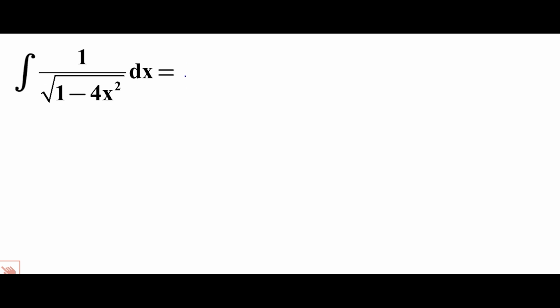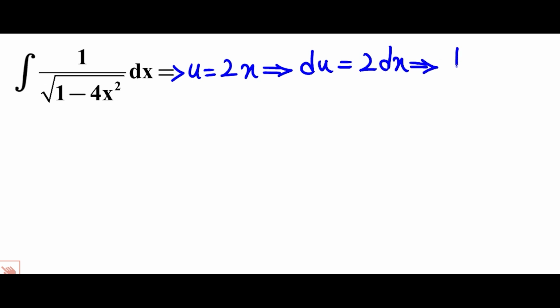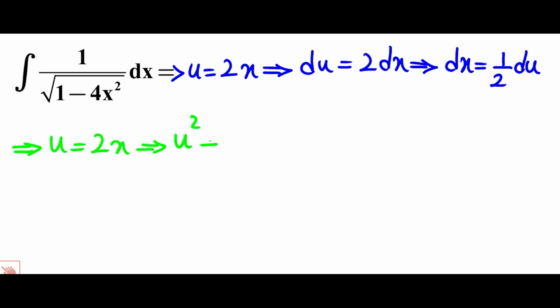So we use substitution. If u equals 2x, then du equals 2dx, or dx equals 1/2 du. And we know that u equals 2x, so if we square both sides of the equation, we have u squared equals 4x squared.